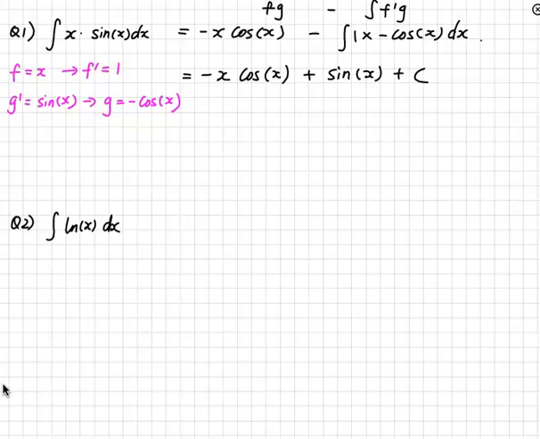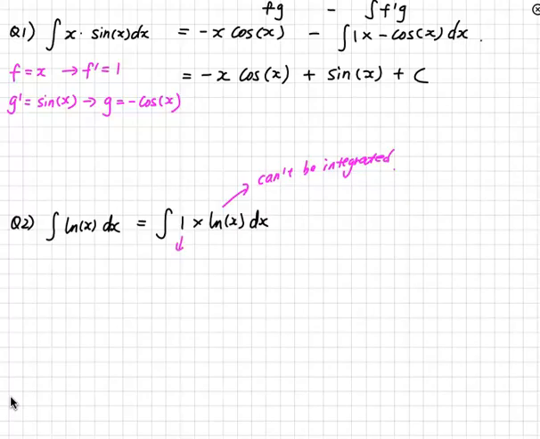But this is not a product. But we can rewrite this so that it will become a product. So we can say this is 1 times natural log of x dx. Now, notice that natural log of x can't be integrated. So that means we can't choose this to be g dash.